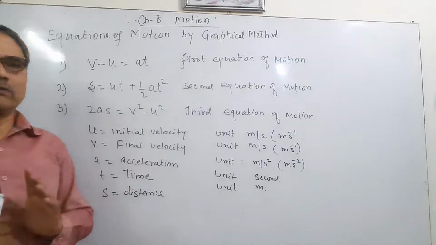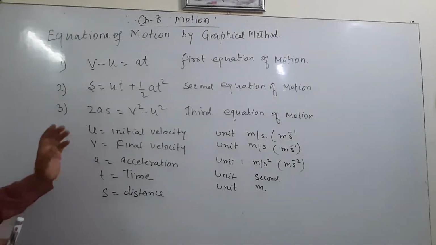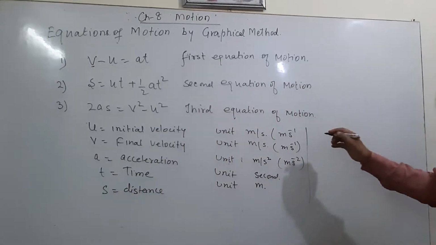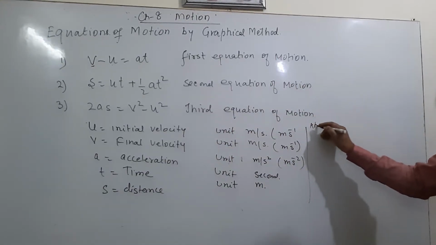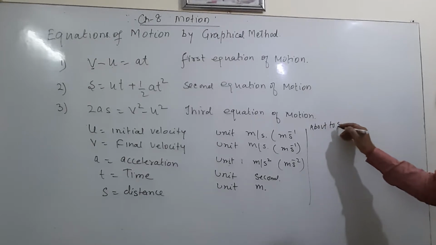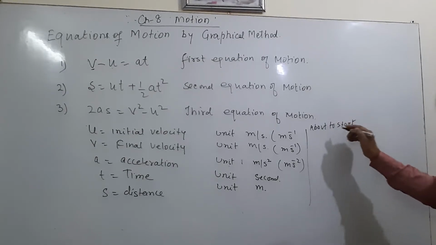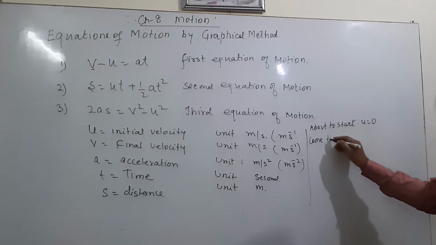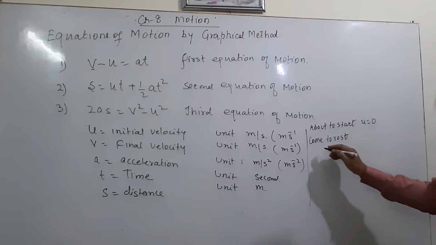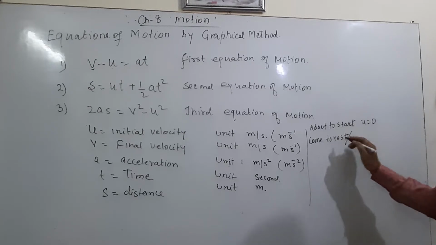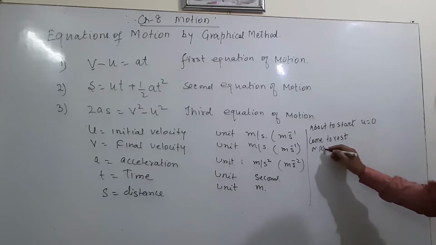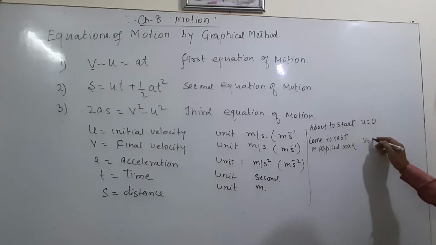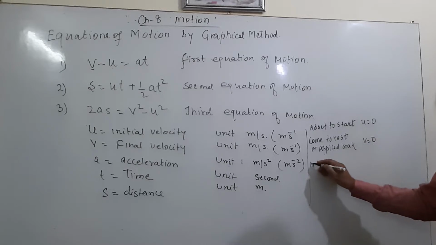And for calculation or numerical problems, what are the values of v and u? I think I already explained to you: when an object is about to start, u equal to 0; when it comes to rest or a brake is applied, v equal to 0.